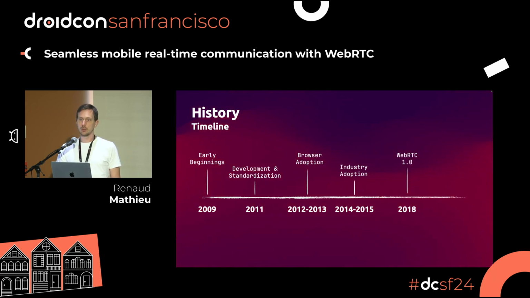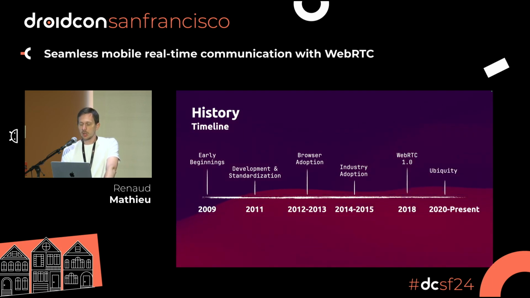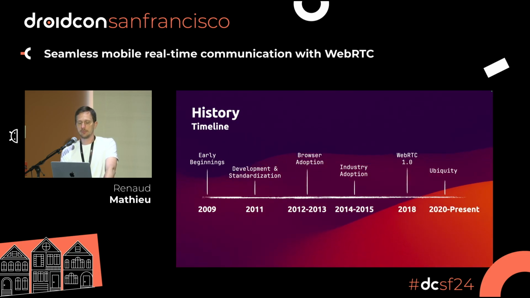2018, the W3C officially published the WebRTC 1.0 standard, marking a significant milestone in its development. By this time, WebRTC had seen widespread adoption in various domains, including telehealth, online education, customer support, or social media. 2020, the pandemic accelerated the adoption of WebRTC as the demand for remote communication tools skyrocketed.